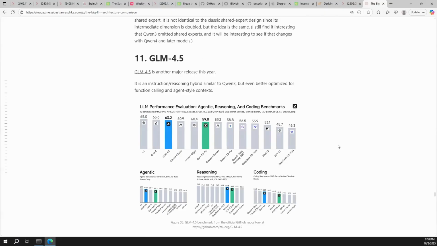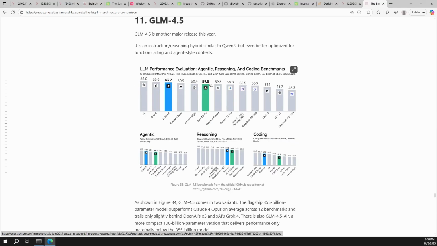All right, next, GLM 4.5. I don't know a lot about GLM 4.5. So we've got an instruction reasoning hybrid similar to Qwen 3. Here on these benchmarks, you can see the bigger GLM, the smaller GLM Air, and they've got O3, Grok 4, Claude 4 Opus, a bunch of heavyweight models on here.